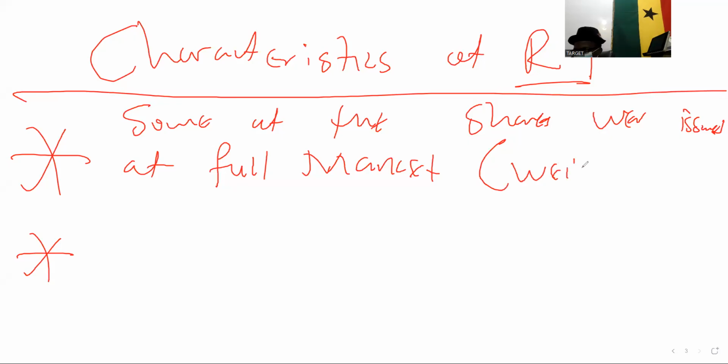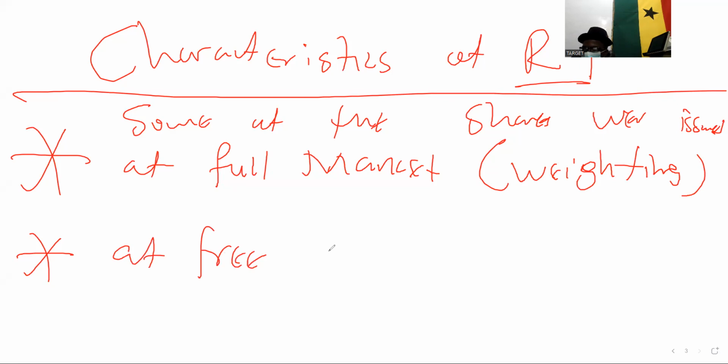We must do weighting. So weighting is required. And then some of the shares also were issued free, aka bonus. And what happened to bonus shares? No weighting.